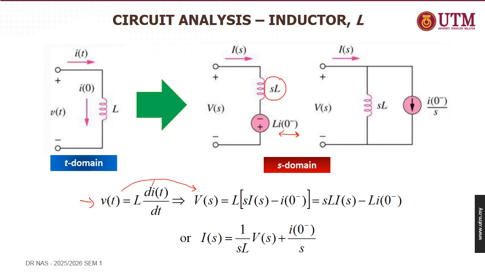So di to the power of 1 gives a single s, sI(s) minus I naught, where I naught is the initial current, and this equation can be further expanded into this form. This is in terms of Vs, or you can also represent the equation in terms of Is. So from this equation you can get the Is equation for an inductor in a circuit.